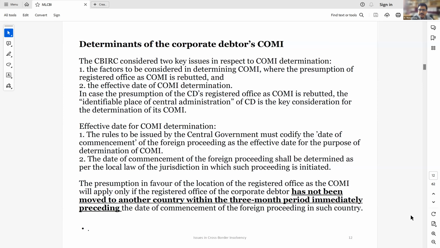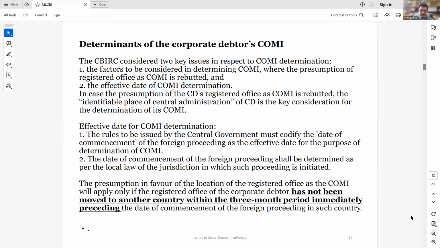This is the center of main interest. They considered the factors to be considered in determining the COMI where the presumption of the registered office as COMI is rebutted, and secondly, the effective date of COMI determination. In case the presumption of the CD's registered office as the COMI is rebutted, the identifiable place of central administration of the CD is the key consideration for the determination of its COMI. These are based upon cases which I am going to explain to you.